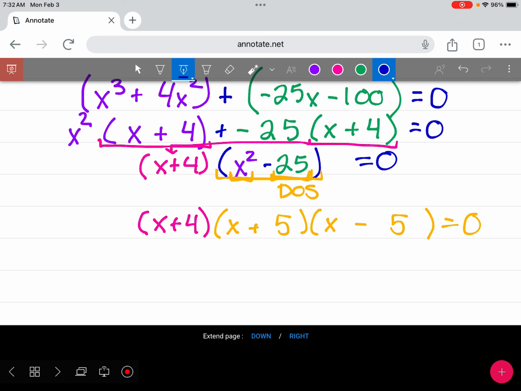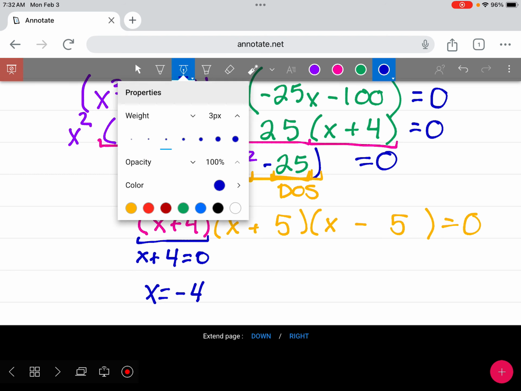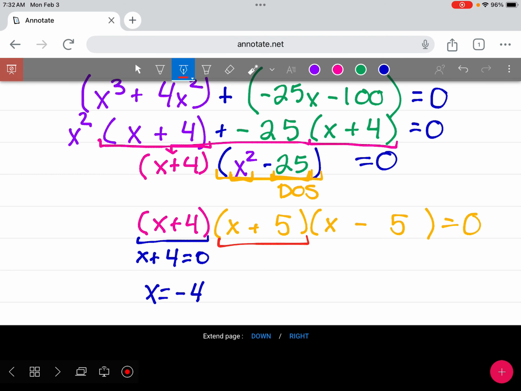Just like we did for the one in the SAT practice, I'm going to take each of these things and set it equal to 0. And if you need to write that out, that's totally fine. My x plus 4 equals 0. We're going to get that x equals negative 4. On my yellow ones, we're going to wind up with the same kind of vibe. X plus 5 equals 0 means we're going to get x equals negative 5.